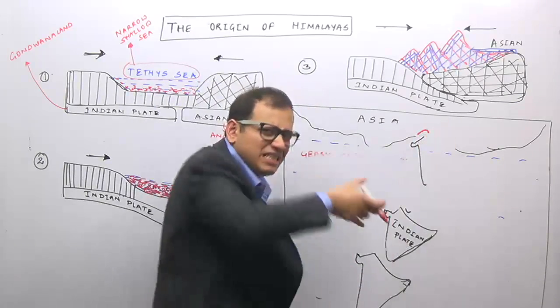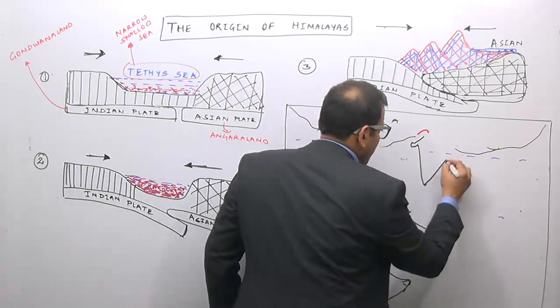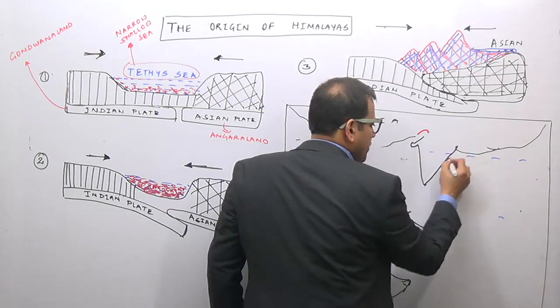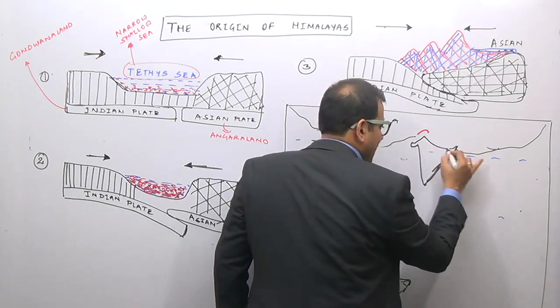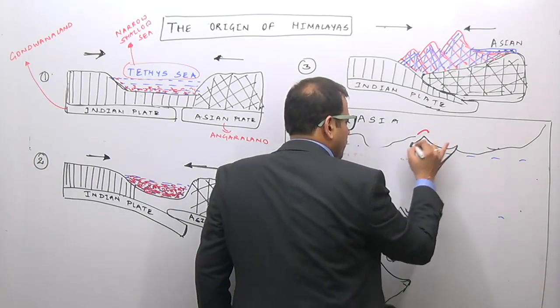Then after collision there was some kind of a rebound, and therefore later on the eastern part of the Indian plate came and collided with the Eurasian plate, and thus there was a collision which looked somewhat like this.